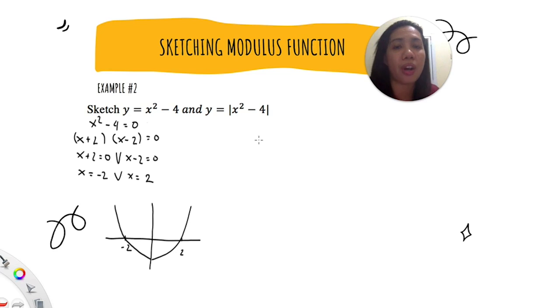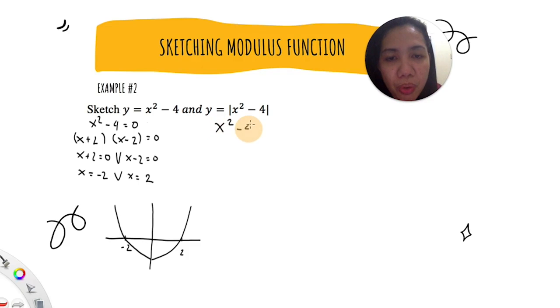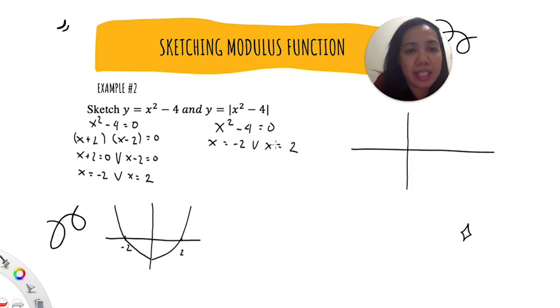The vertices of the absolute value graph can be obtained from the inside part of the absolute value. So we'll have x squared minus 4 equals 0 like we have here, so that x equals minus 2 or x equals 2. These are the points we had before: minus 2 and 2.